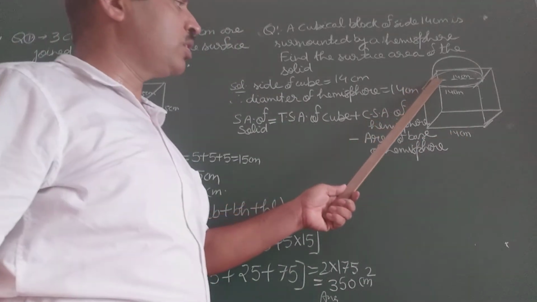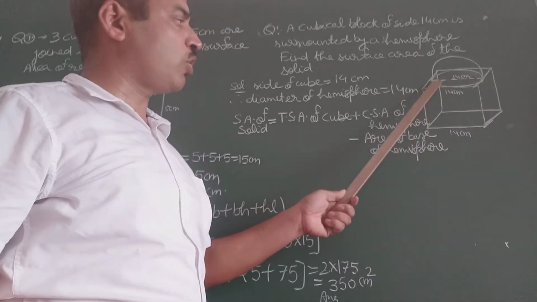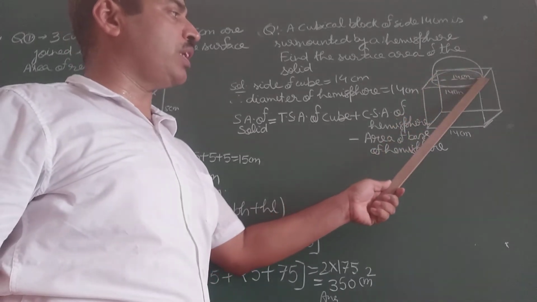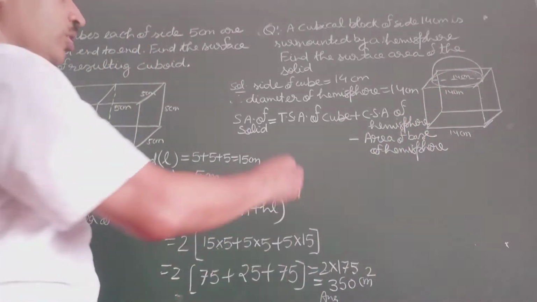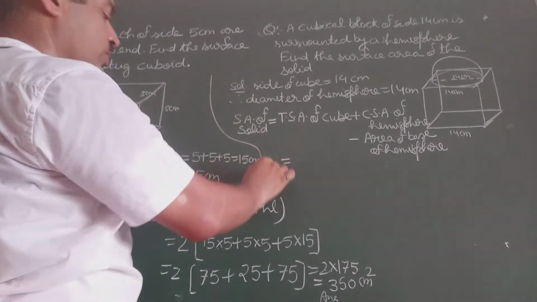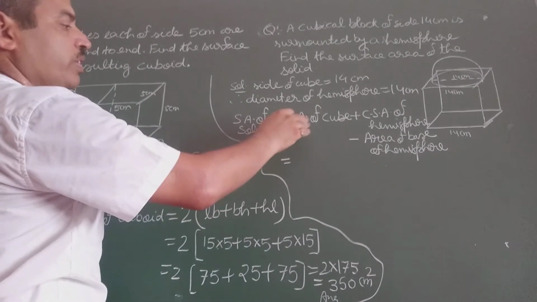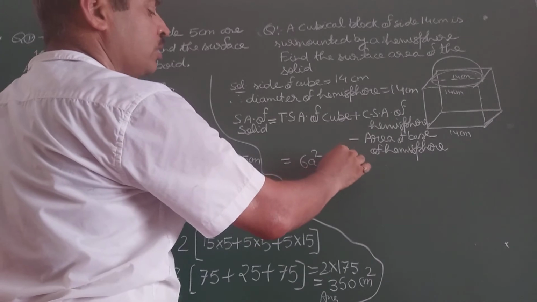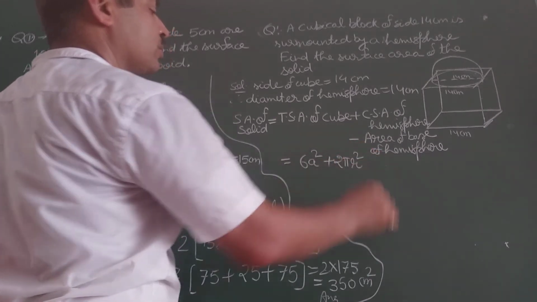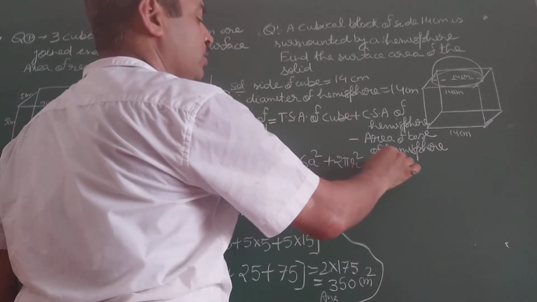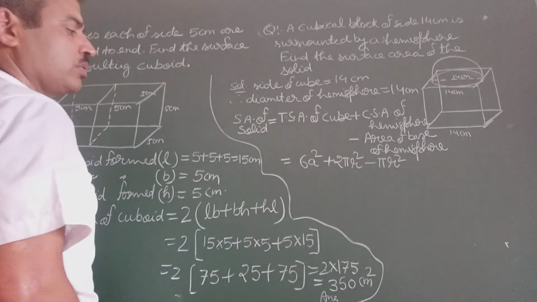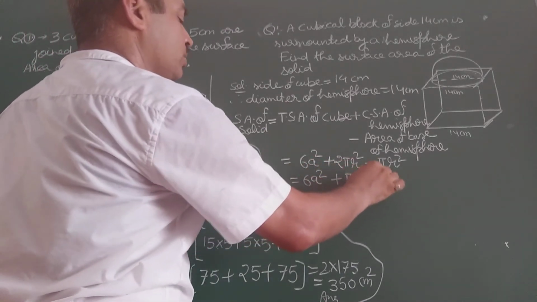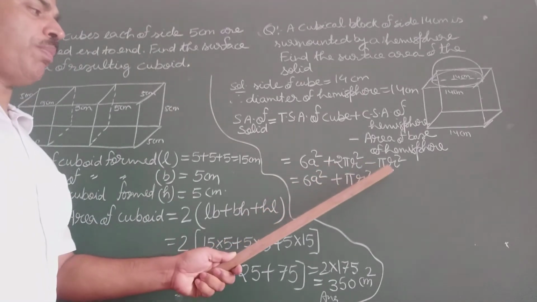Because this portion will be hidden by the base of the hemisphere, that's why the area of base of hemisphere is subtracted. So total surface area of cube is 6a square, curved surface area of hemisphere 2 pi r square, minus area of base of hemisphere pi r square. So it will equal 6a square plus pi r square. From 2 pi r square, 1 pi r square is subtracted.